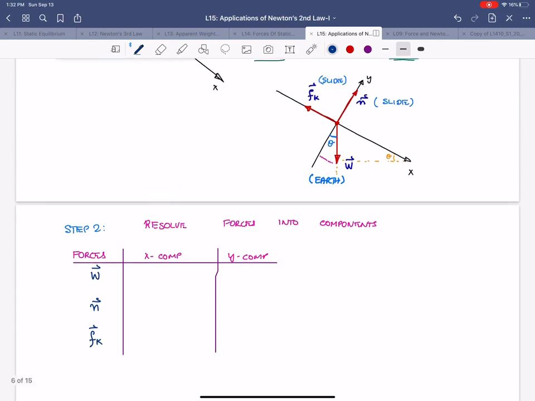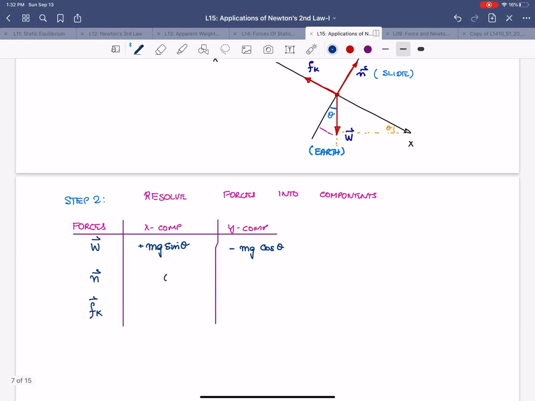Now we have to resolve the weight into its components. The x component is going to be mg sine theta, and it's positive because it's pointing along the positive x-axis, and the y component is minus mg cosine theta.